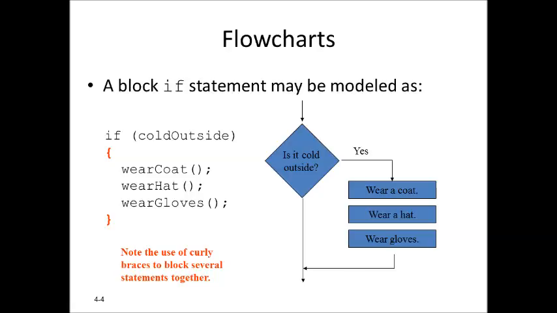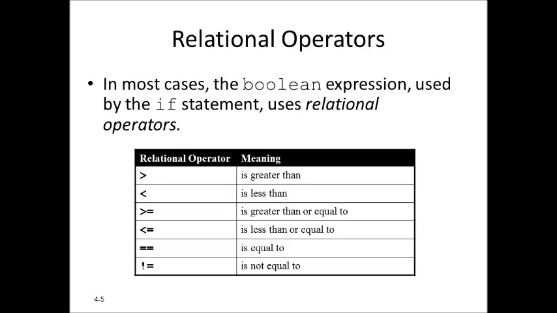Now, you may ask, you say something got to be true or false inside it. How do we make a true or false statement? This is how you make a true or false statement. It's called your operators. These operators help you decide if the statement is true or false. Greater than, less than, greater than or equal to, less than or equal to. Now the equal is a double equal sign. Why do you think it's a double equal sign?